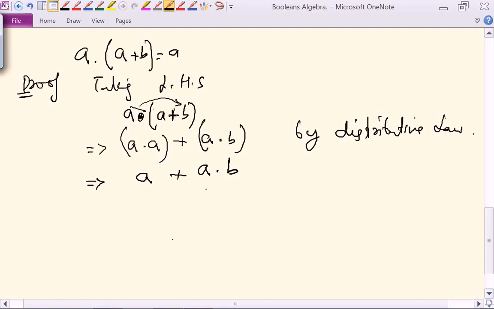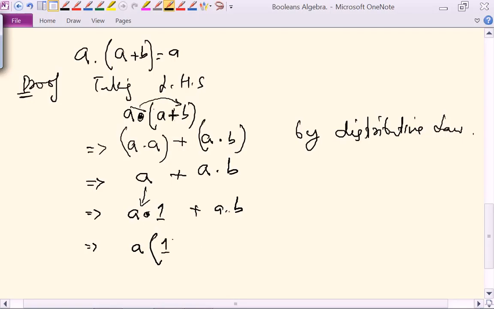So I can write it like A and 1, or A and B, because A and 1 is again A. Whatever A will be, that will be the answer here, because and with 1 means whatever A will be, the answer will be A. So instead of A, I can write A and 1 plus A and B. Now if I get A as a common, what will be inside will be 1.